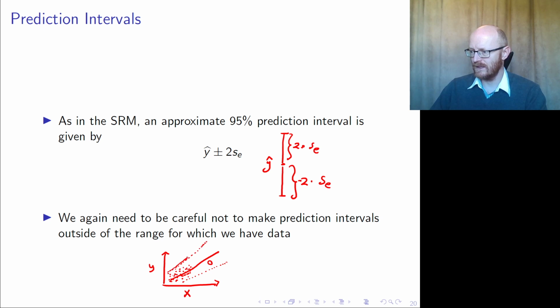For example, this is your band, and as you are extrapolating, the band gets wider compared to where you have data. The bands should be almost vertical.